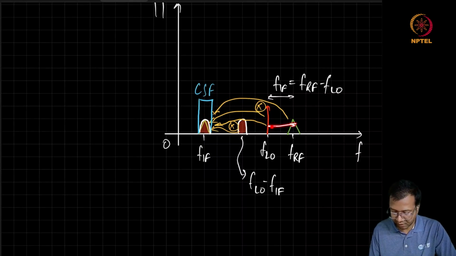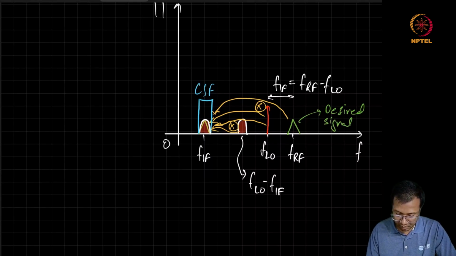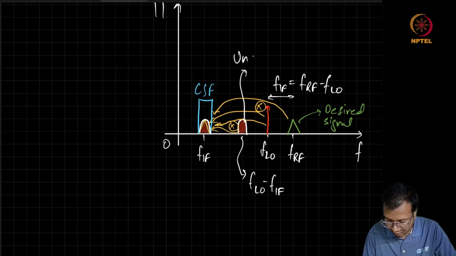Because this spacing is same as the spacing for this undesired signal. This is your desired, whereas this guy is undesired signal.